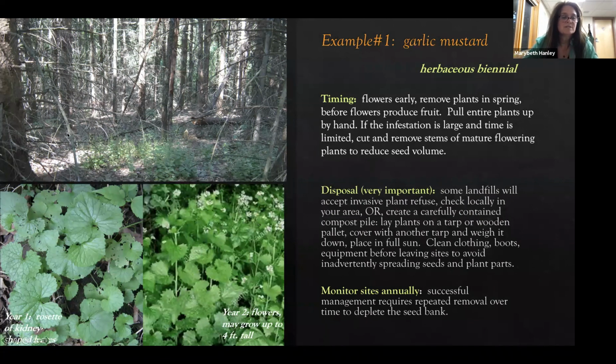With this plant and with a lot of different plants, even if you remove all of these plants, there's still a lot in the seed bank. So you need to think about this as a long-term project, not just a one-time thing.